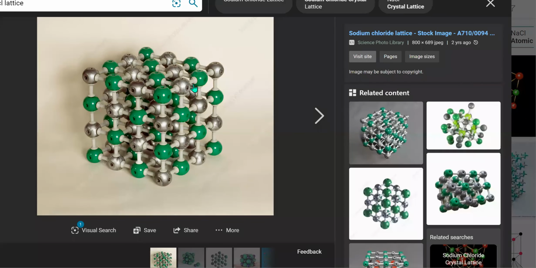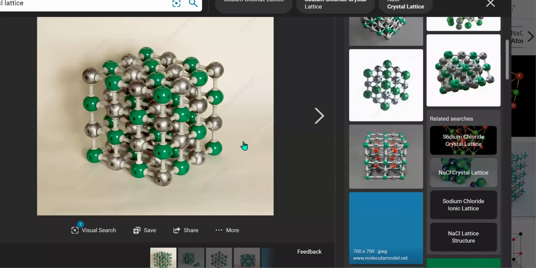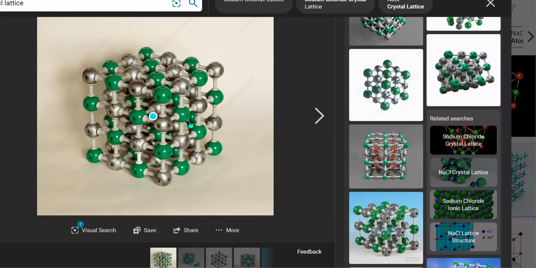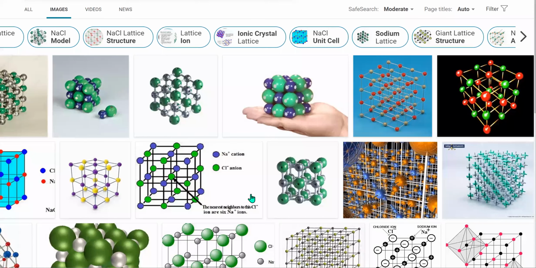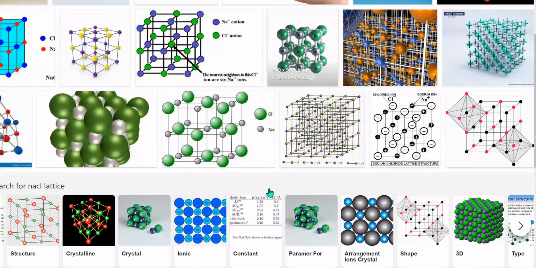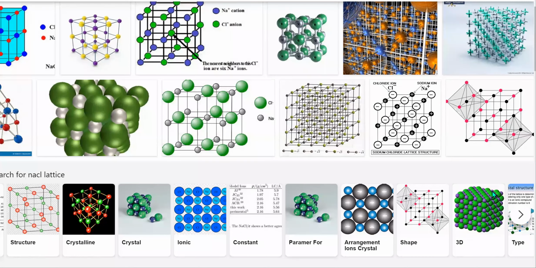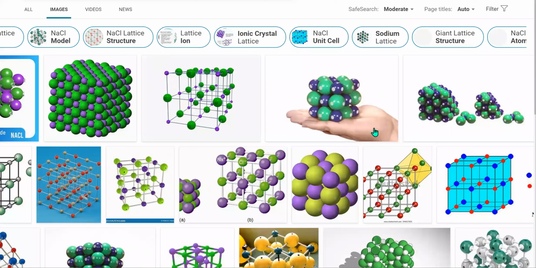So it's just going to have sodium ions and Cl ions all attracted to each other. So there would only be one type of bonding, and that would be ionic bonds. Positive ions attracted to negative ions.